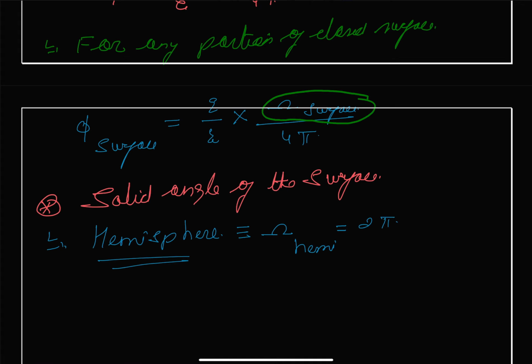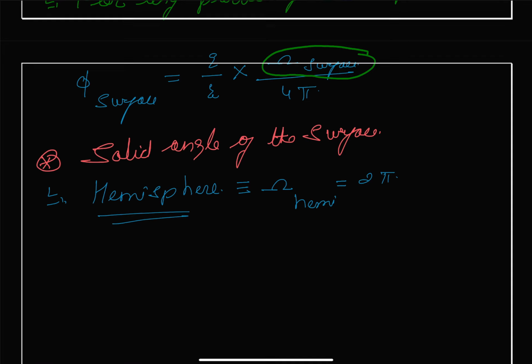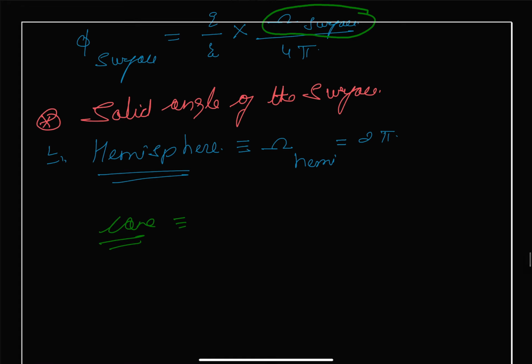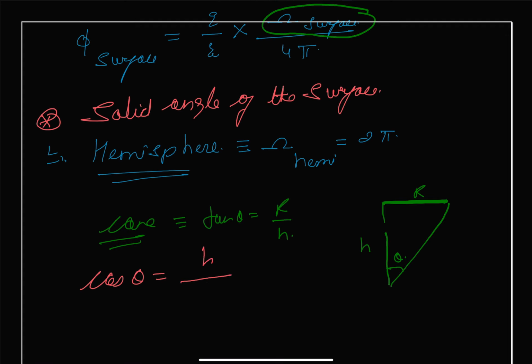And next is for our cone. Therefore, for the cone, so this is one part of the cone, and we are given that this is our R and height is our H. So if this angle is theta, we can say tangent of theta will be equal to R upon H. And from here we can write cos of theta will be equal to H upon the square root of R square plus H square.